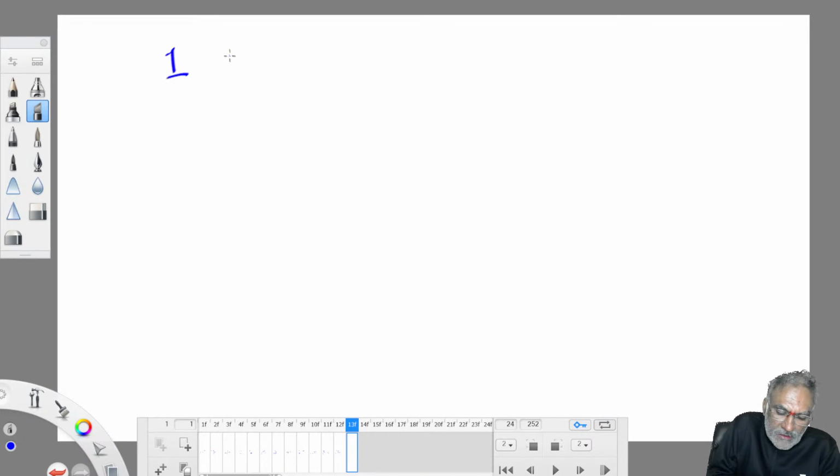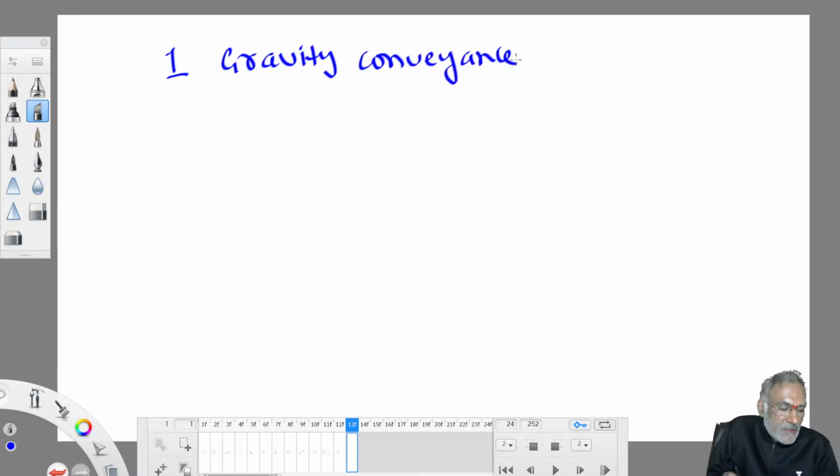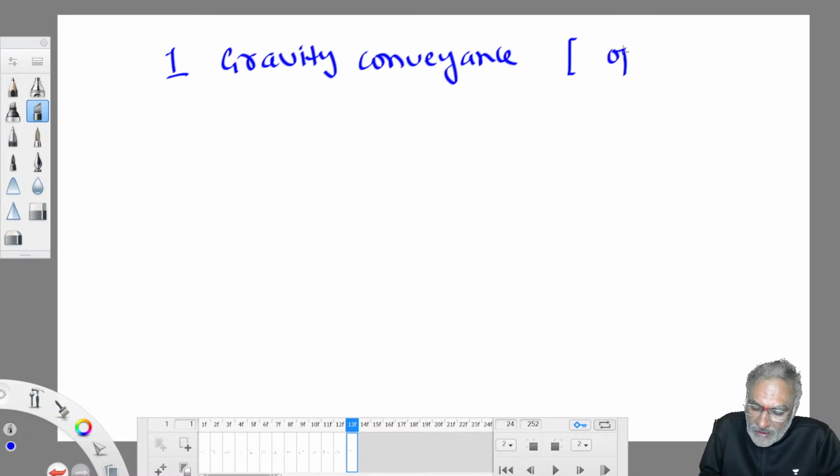One is called gravity conveyance. In gravity conveyance, what happens? By gravity we can convey water, right? Gravity conveyance requires open channels. That's called canals.